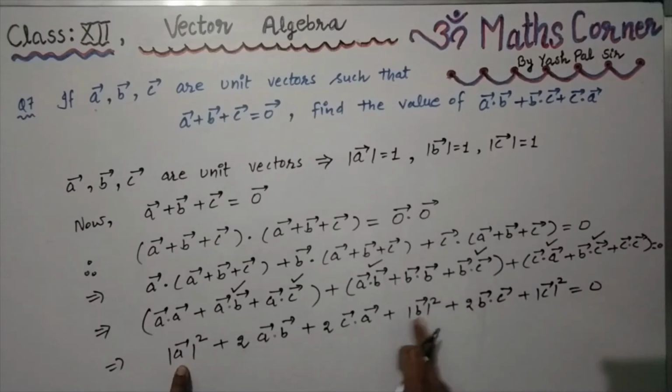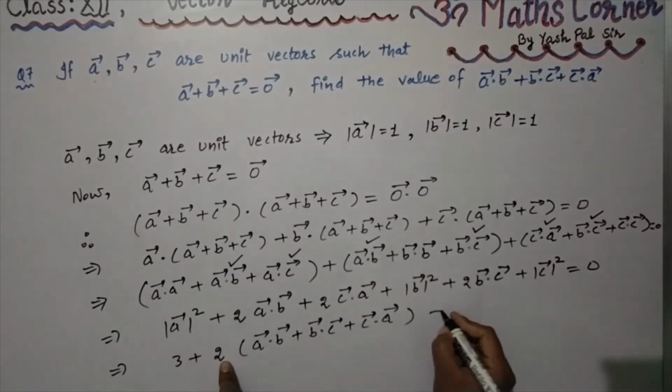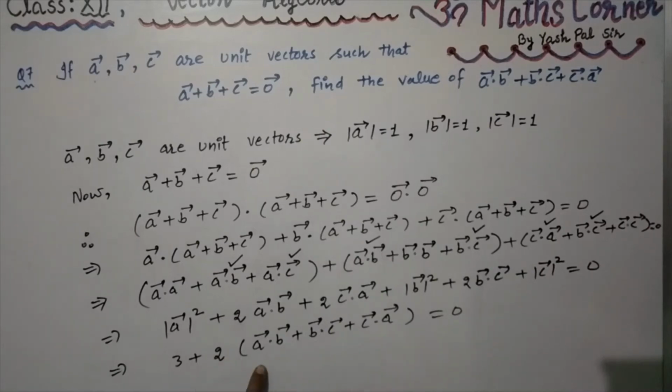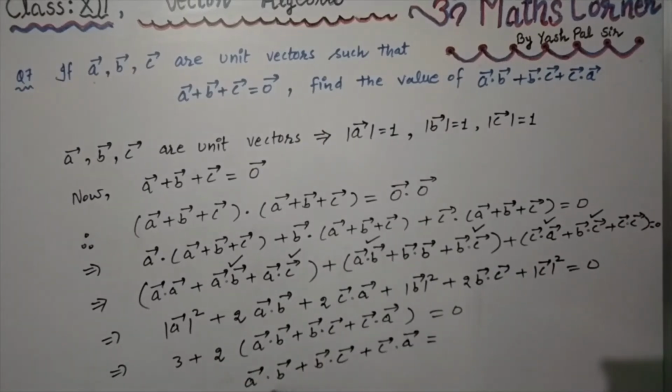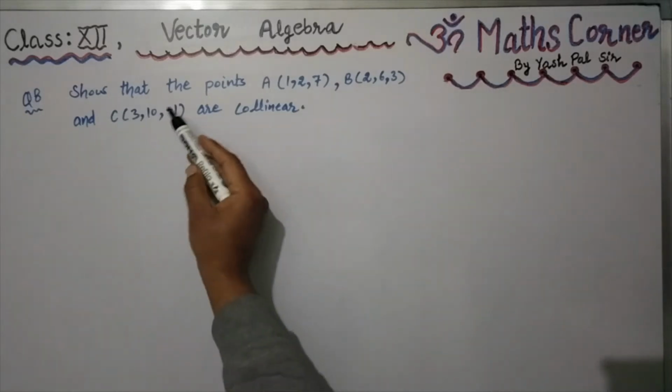Now the value of this is 1, this is also 1 and this is also 1. 1 plus 1 plus 1 is 3. So we write 3 plus, taking 2 common, 2 into A dot B plus B dot C plus C dot A is equal to 0. So from this relation we find A dot B plus B dot C plus C dot A is equal to minus 3 divided by 2. So this is the required value.